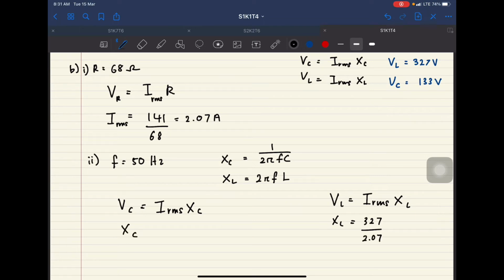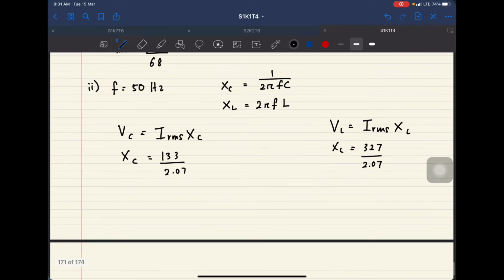Your XC is voltage across the capacitance 133 over IRMS 2.07. So your XC would be 64.25. Okay, the unit will be in ohm, and XL will be 157.97.